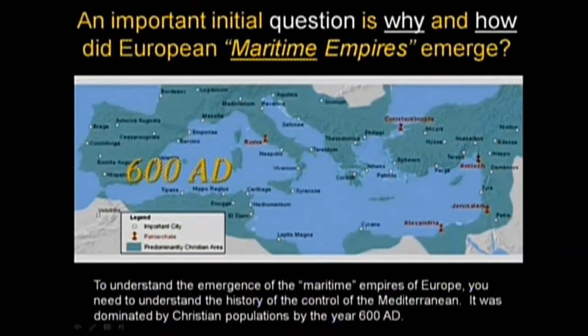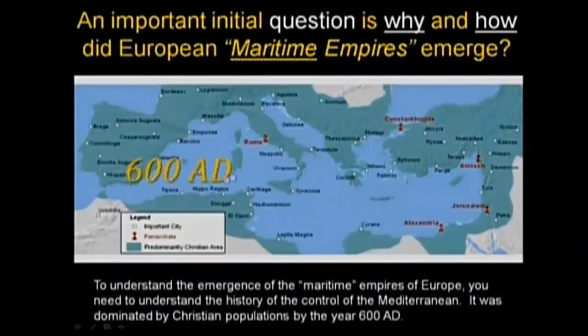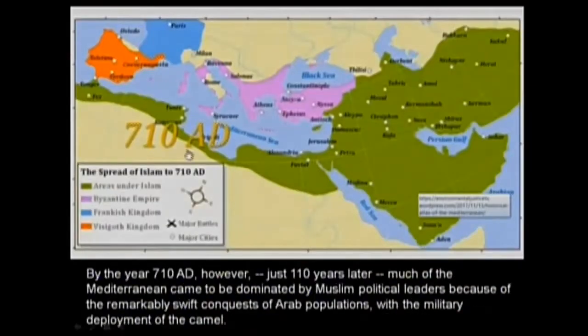So quickly reversed, it's hard to imagine in modern times how quickly something can happen over this whole range of the world's surface, the Mediterranean. By 710 AD, as opposed to 600, so that's 110 years later, all of this green region is basically taken over by Arab concerns, with the expansion of Islamic empires over the whole of North Africa.